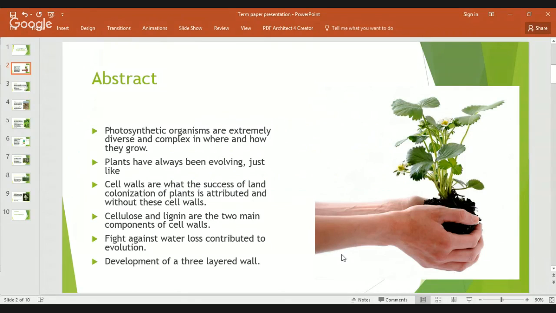All right, so my abstract just kind of talked about the overview of my paper. Plants on this earth now are pretty complex and diverse in how they grow and where they grow. And plants have always been evolving just like animals.